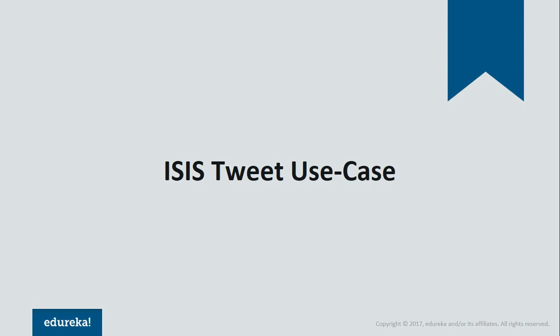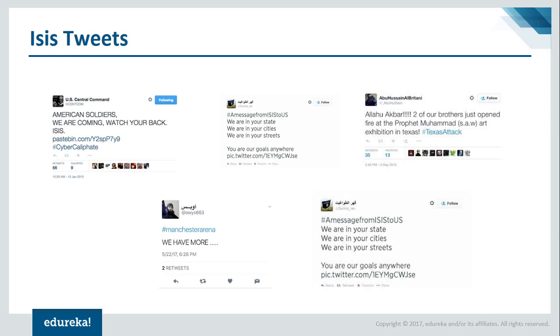Now let us take a look at the ISIS use case. There have been a lot of tweets on Twitter. There are ISIS fanboys, whether they are fake or not, we don't know that. And they are tweeting pretty violent content, something like this.